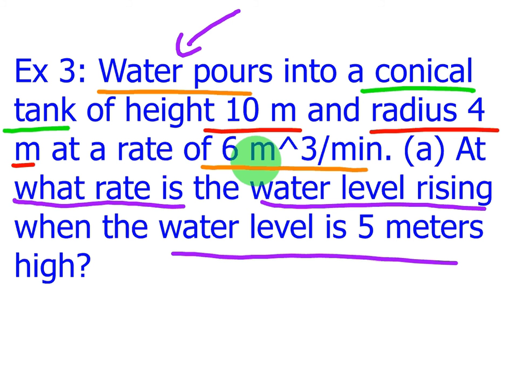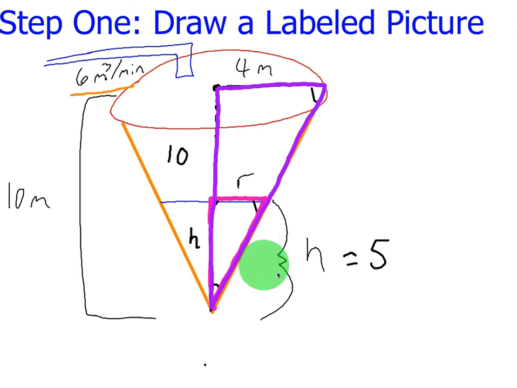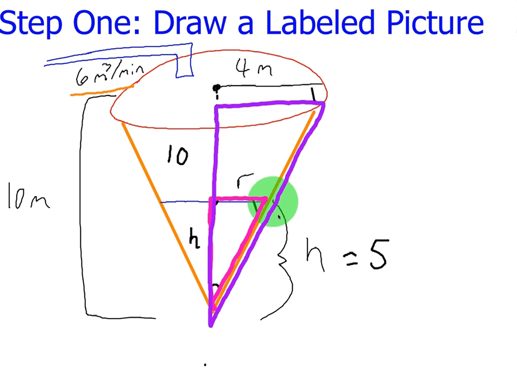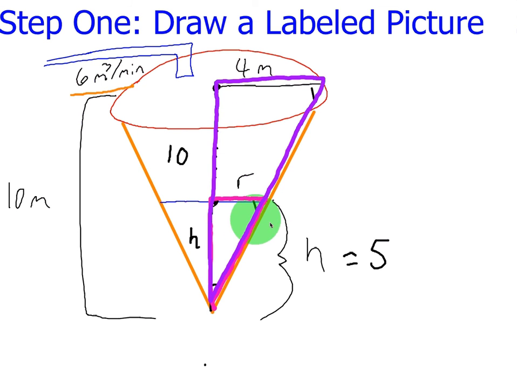Meters per second. For example 3, we had water pouring into a conical tank. We want to figure out the rate at which the water level is rising when the height of the water was 5 meters. In fact, I need to put the units there.